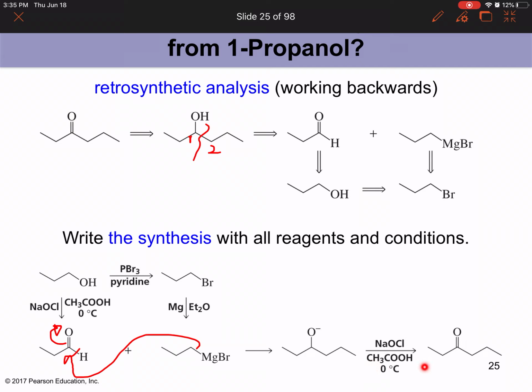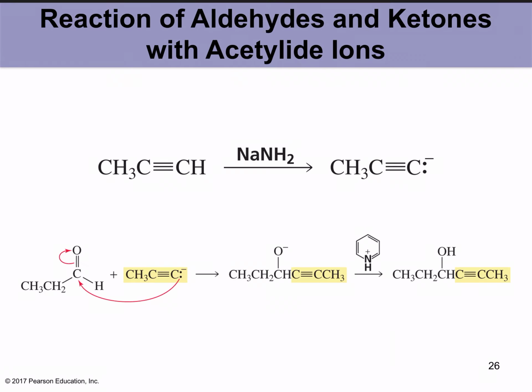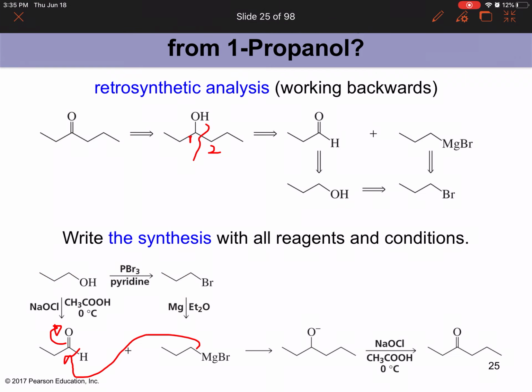Under low temperature, the alcohol can convert to the ketone. So we synthesized 3-hexanone from 1-propanol. Okay, so that is how we normally do a synthesis, and we utilize the Grignard reagent for this synthesis. Okay, let's stop this section here.